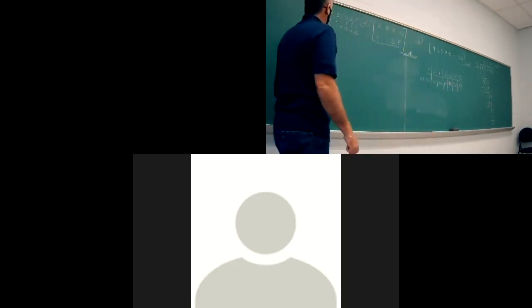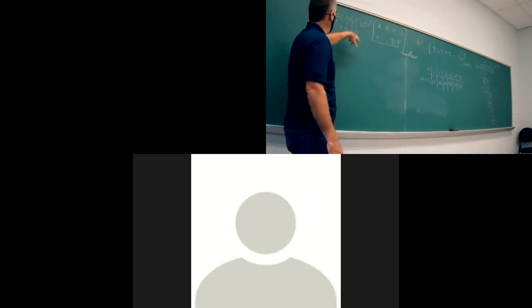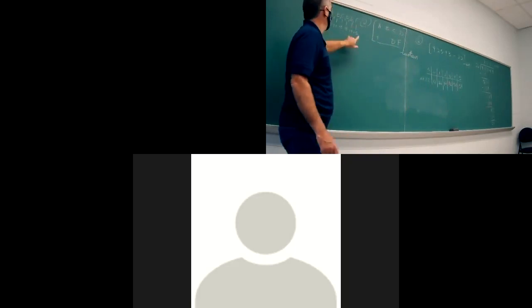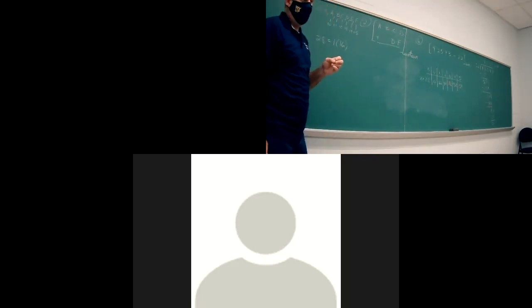So I'm going to be looking at D plus F, which would be 13 plus 15. So that's 28, and that is base 10. Now I'm going to convert to base 16. It's a question of how many groups of 16 are in 28. Well, it would be just 1. That leaves me a remainder of 12.